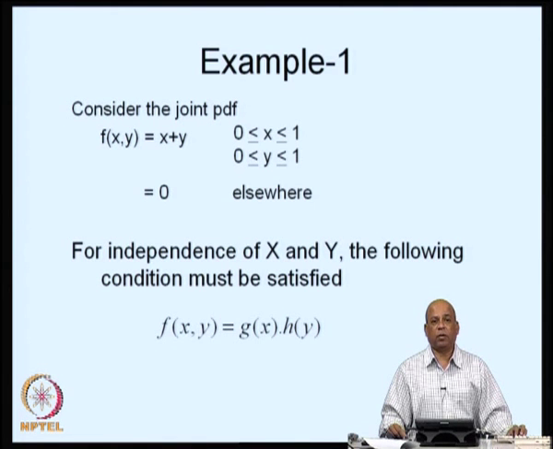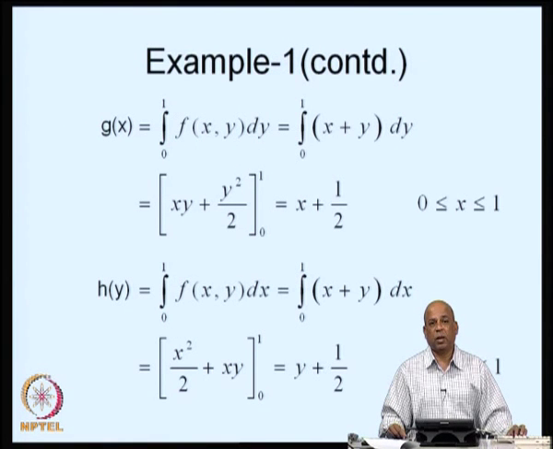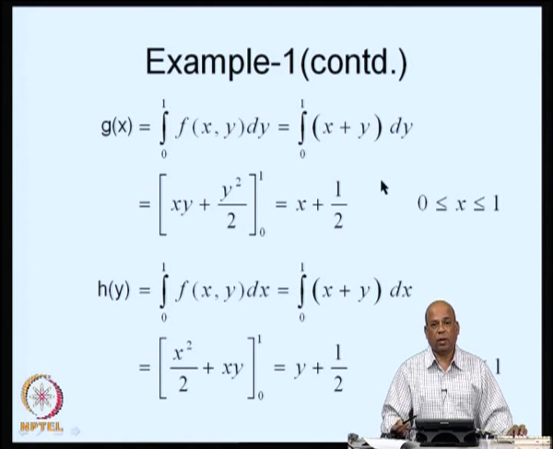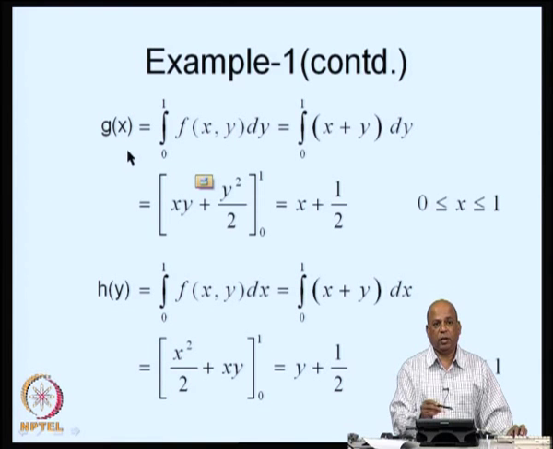So, let us first determine g of x. Recall that the marginal density g of x is the integral of the joint density over y with respect to y. So, when we integrate this, these are the limits for y, and then when we integrate this, you get x plus 1 by 2 as the marginal density of x.